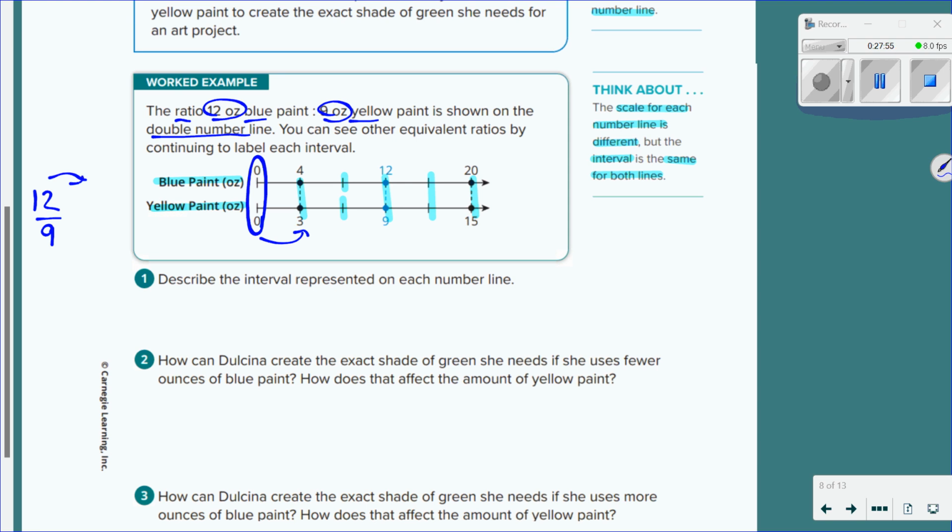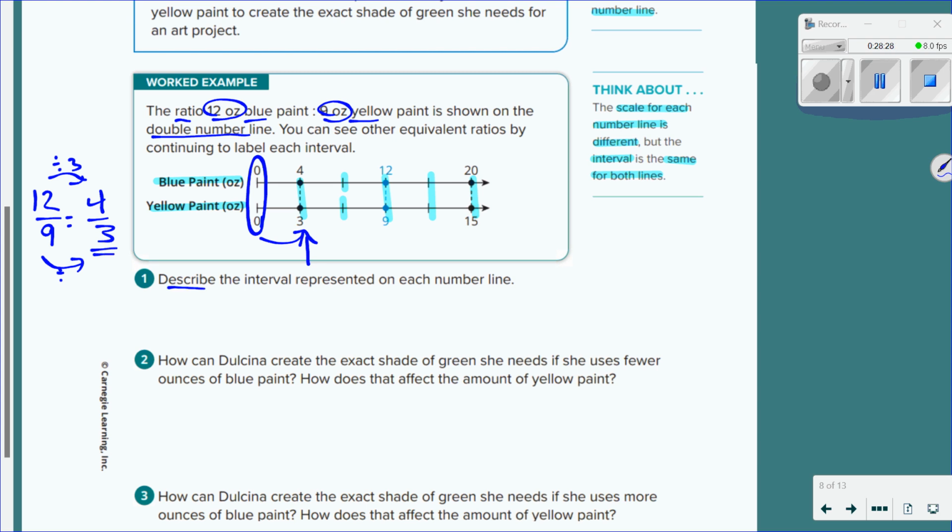So I'm going to divide by 3, and that's going to give me 4 and 3. This is going to be my simplified ratio to start for my second interval, because my first interval is 0, 0. Does that make sense? Once I have my simplest form shown, then we can start doing all of the rest of the intervals in between them.